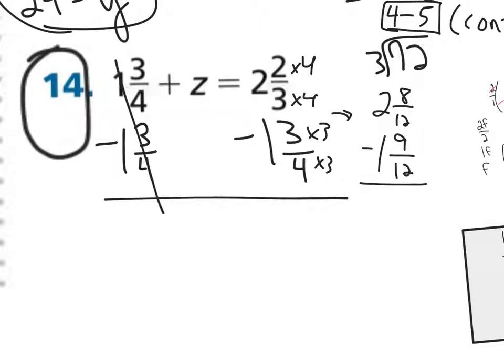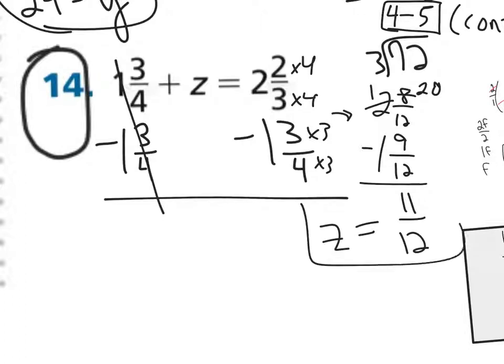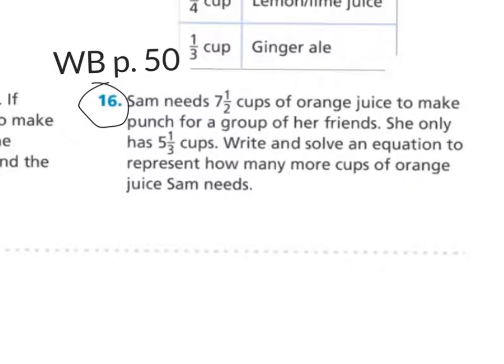The issue here, I can't do 8/12 minus 9/12. So if we borrow here, borrowing 1 whole, which is 12/12 plus our 8/12 gives us 20/12. And then if we subtract, that's going to be 11/12. So z equals 11/12.